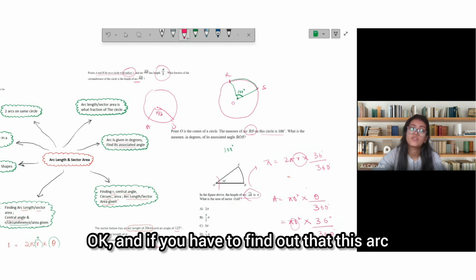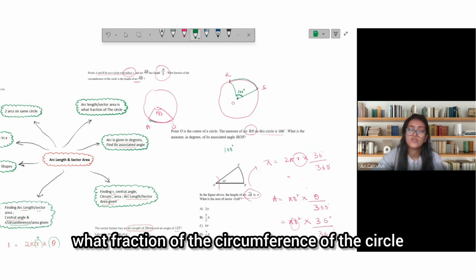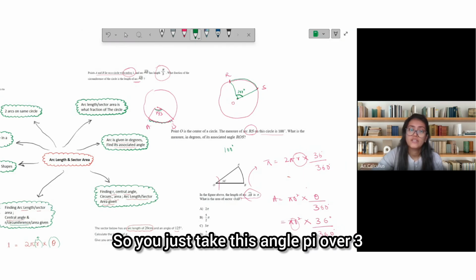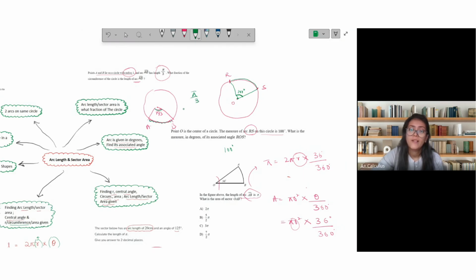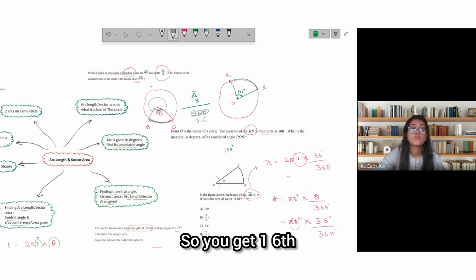Okay, and if you have to find out that this arc is what fraction of the circumference of the circle, you just take this angle, pi over 3, over the total angle. The total angle is nothing but 360, and 360 is nothing but 2 pi. So pi over 3 over 2 pi, you'll get 1/6.